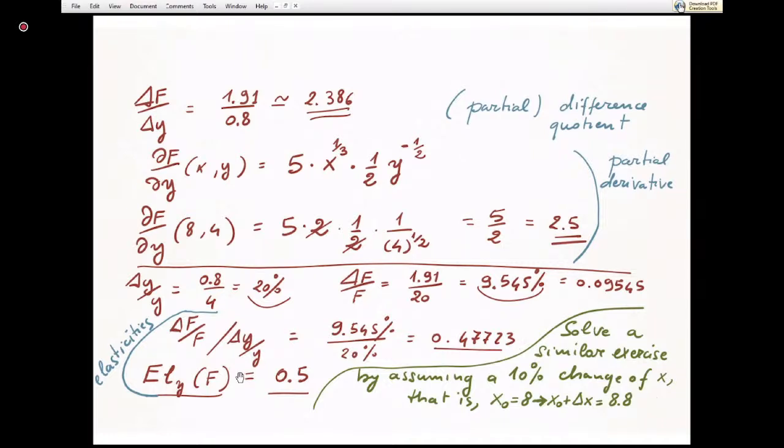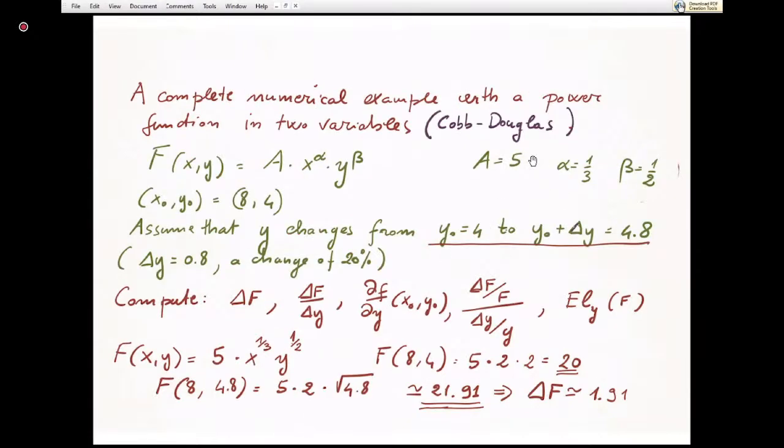Now, what is the theoretical point elasticity, the partial elasticity with respect to y? This is a power function. The elasticity is already displayed here. The elasticity with respect to y, we computed the elasticities before.